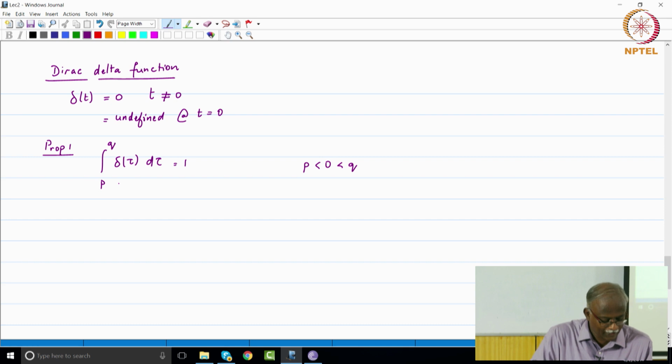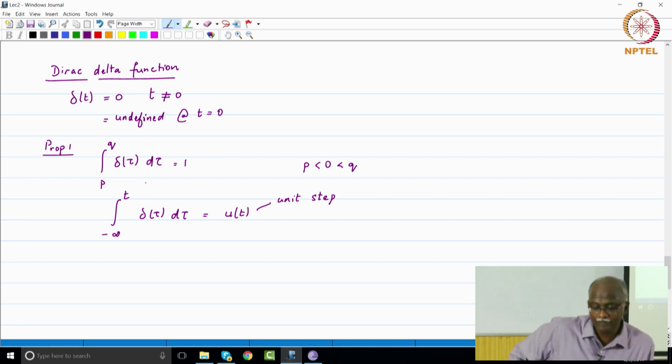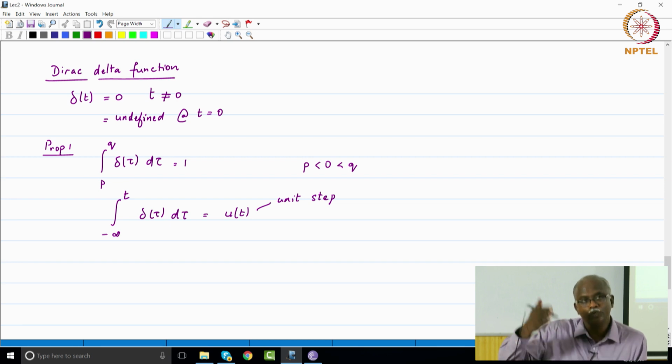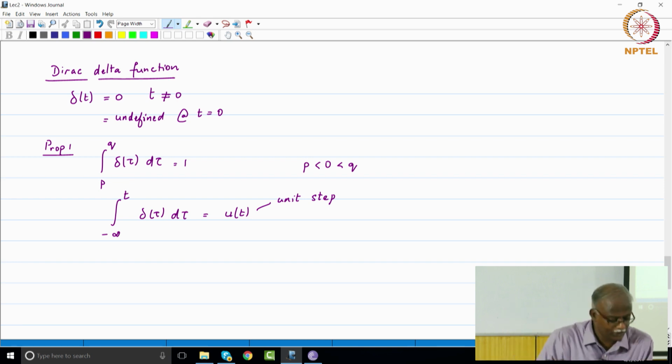And there are several variants of this. One variant that I am sure you would have seen is minus infinity to t delta of tau d tau. Basically, it is the same integral property. If I do this, then what we get is actually u of t, the unit step. For every t greater than 0, you will get a unit amplitude, and therefore that becomes the unit step.